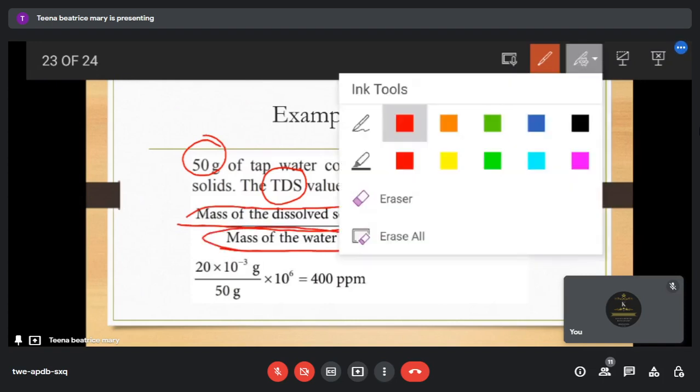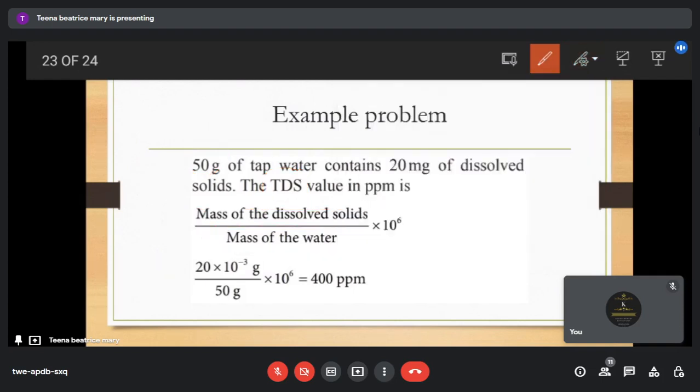Okay, so here mass of the dissolved solids, dissolved solids க்கு 20 milligram. 20 milligram is the mass of the dissolved solid divided by 50 gram tap water, that is the mass of the water.